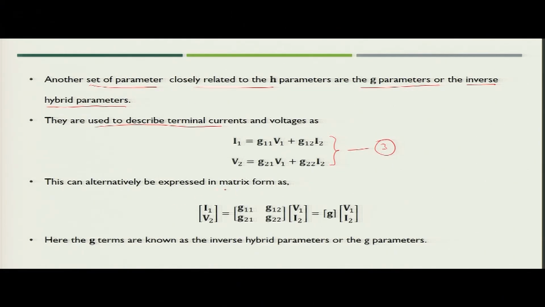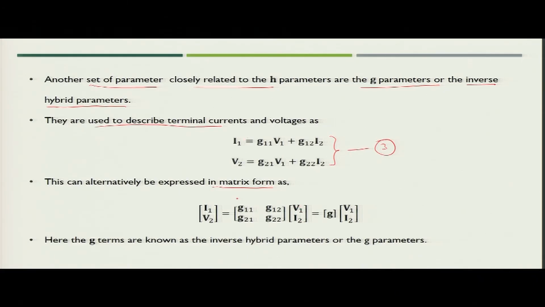In matrix form, you can write the dependent variable vector, that is I1 and V2, equal to the G matrix multiplied by the independent variables, that is V1 and I2.